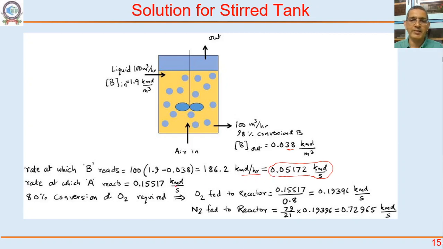Rate at which A reacts is 3 times this number. This multiplied by 3. 80% conversion of O2 is required. That means 80% of the oxygen fed should be 0.15517, so oxygen fed to the reactor should be 0.19396. Nitrogen fed would be 79 by 21 into this.